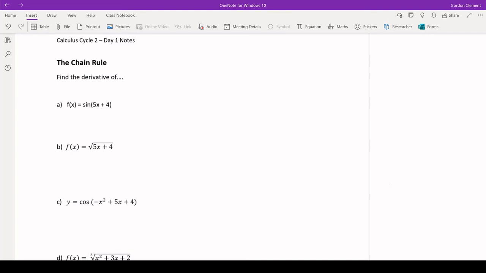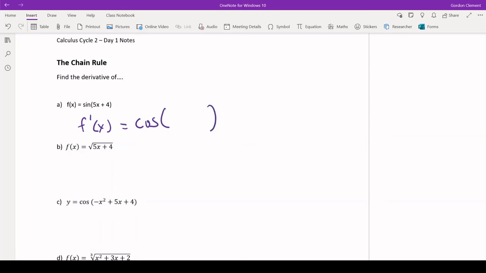So basically, you have a function inside of a function, okay? So what the chain rule says is, when you have a function inside of a function, you take the derivative of the most outside function. The most outside function is sine. The derivative of sine is cos.